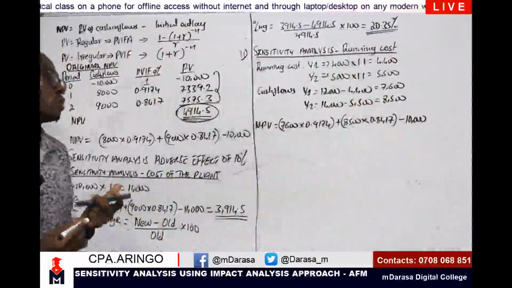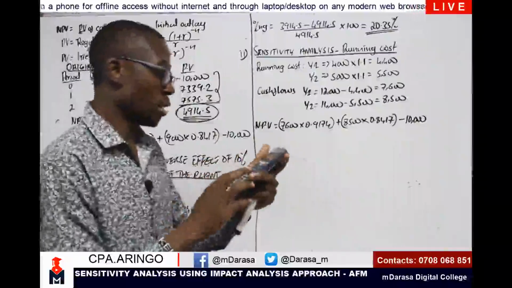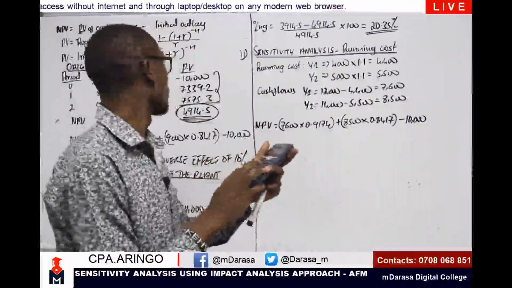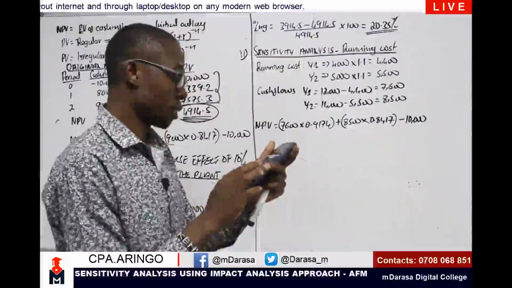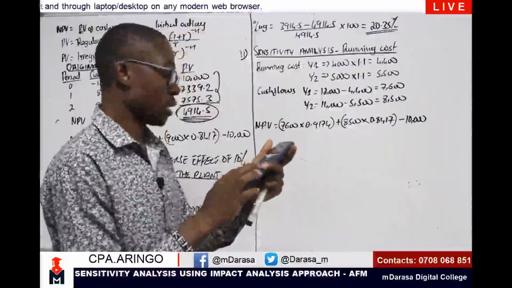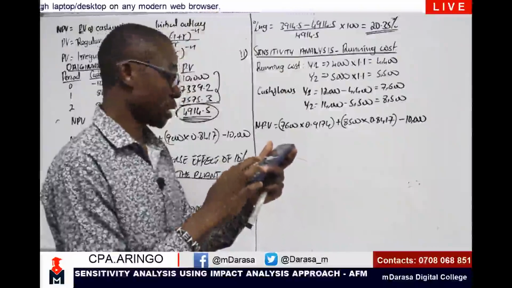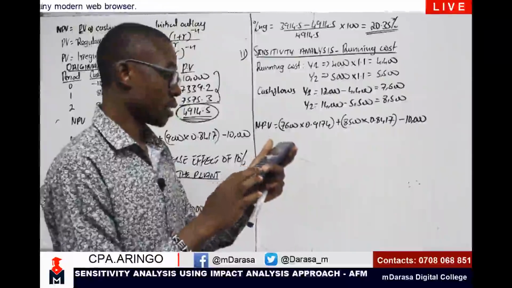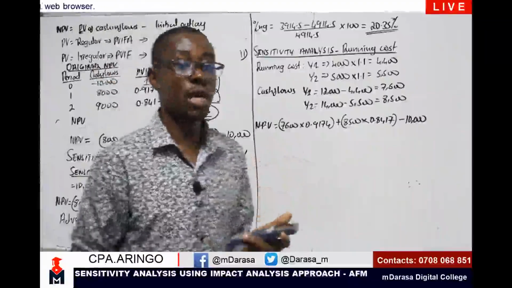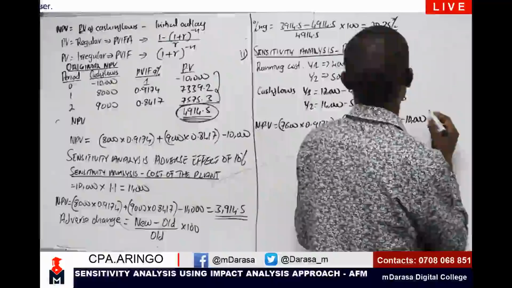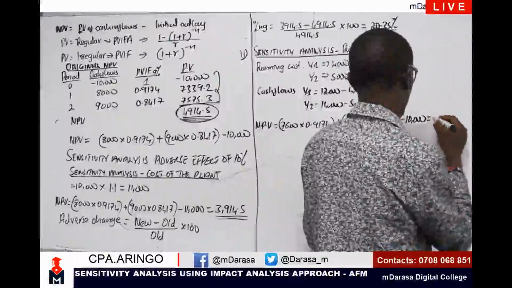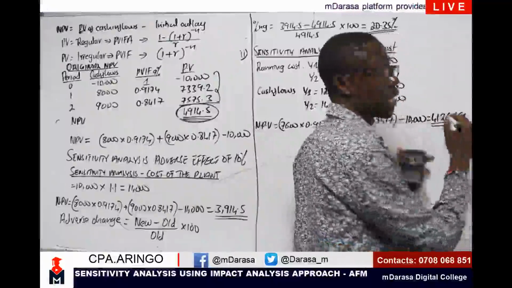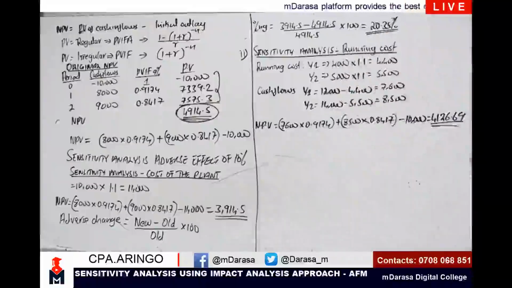So what will be our new NPV? Into bracket 7,600 times 0.9174 plus 8,500 times 0.8417. I less 10,000. So therefore, our new NPV here, with the adverse effect of running cost, I should be having 4,126.69. Kindly, guys, you can confirm if you're getting the same figures.